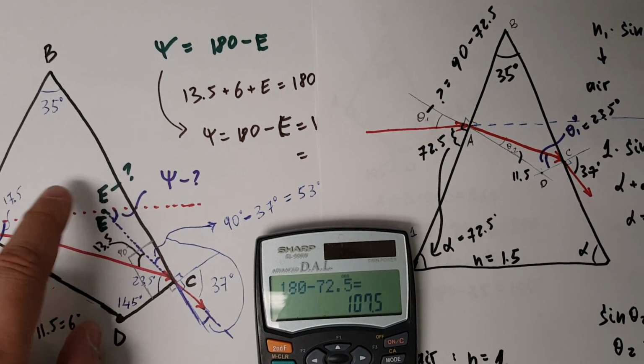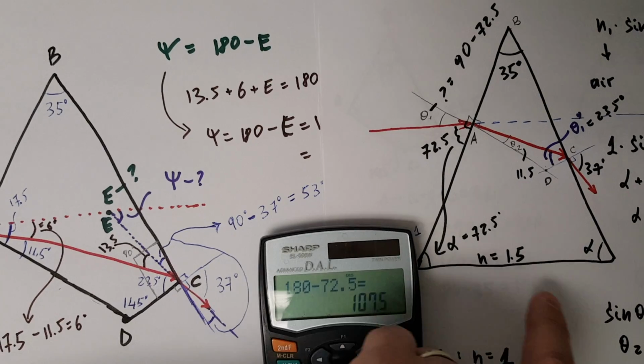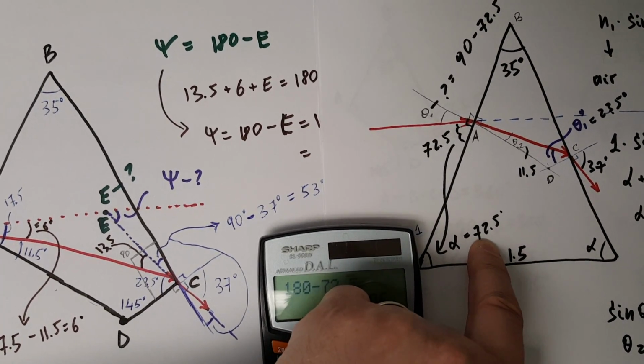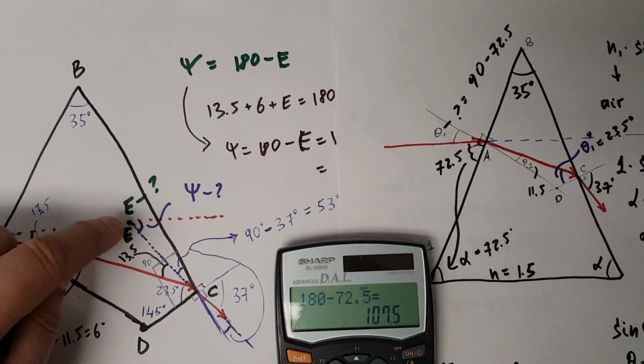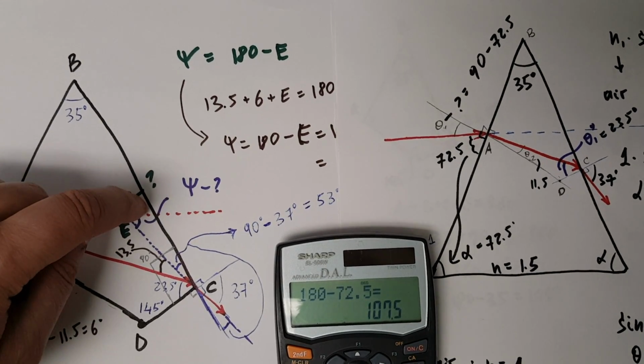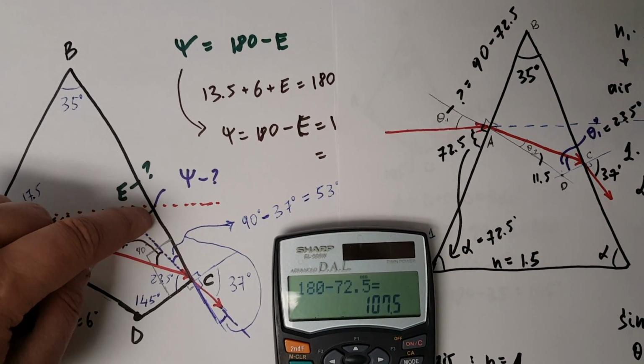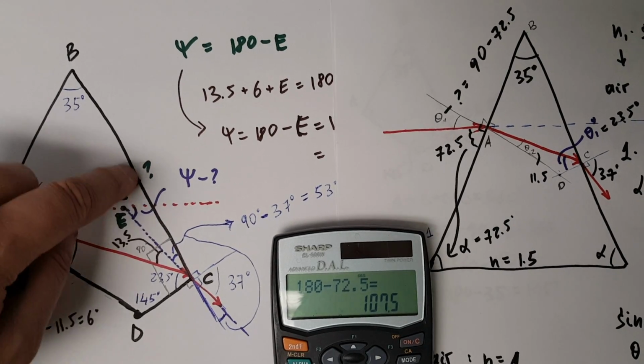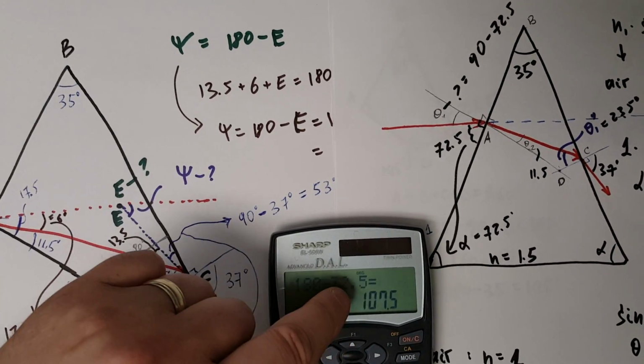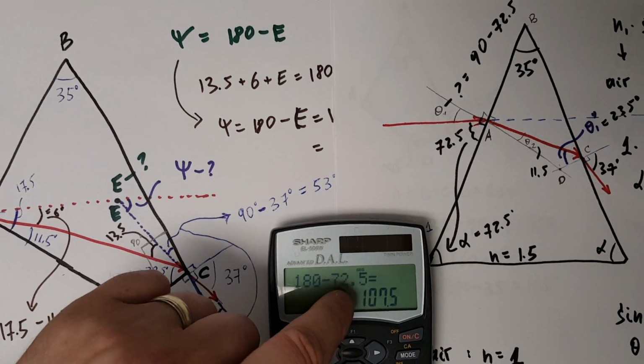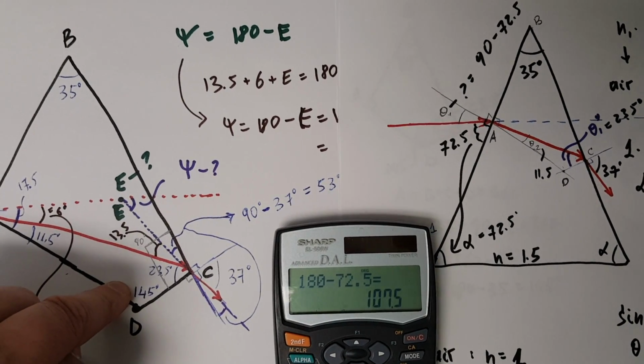So these two angles equal 72.5 degrees each. So 72.5 degrees here means this angle here equals 180 minus 72.5, which is 107.5.